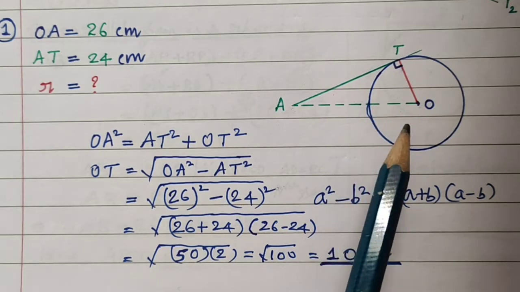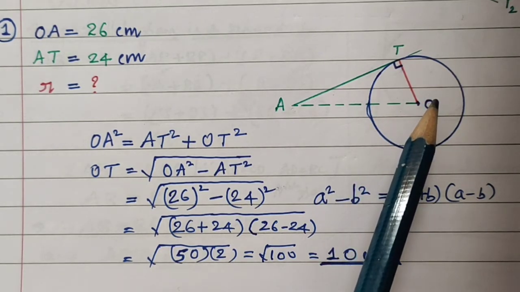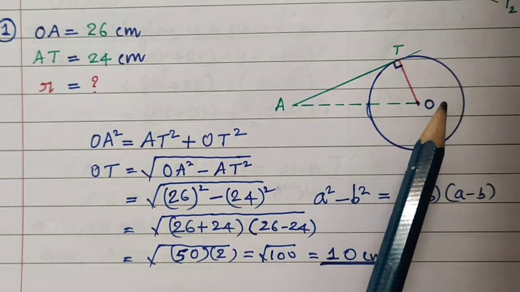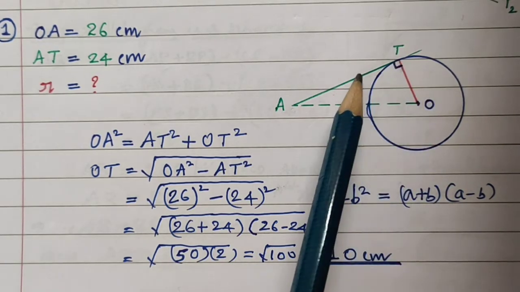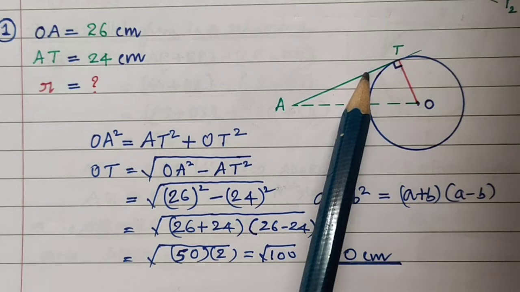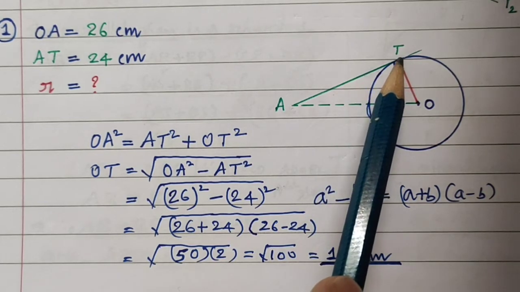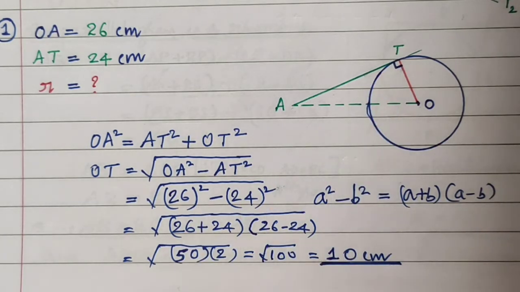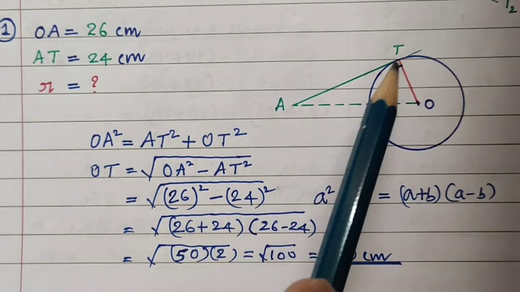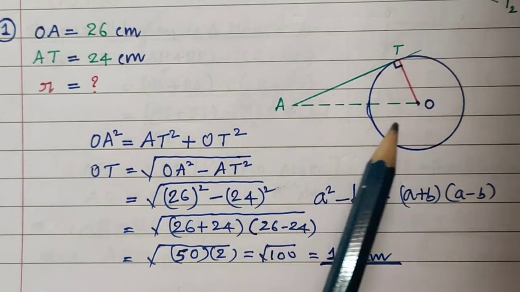We know that the tangent at any point and the radius through that point are perpendicular. This tangent and radius through that point are perpendicular, from the tangent properties of the circle. Therefore, we have a right angle triangle.